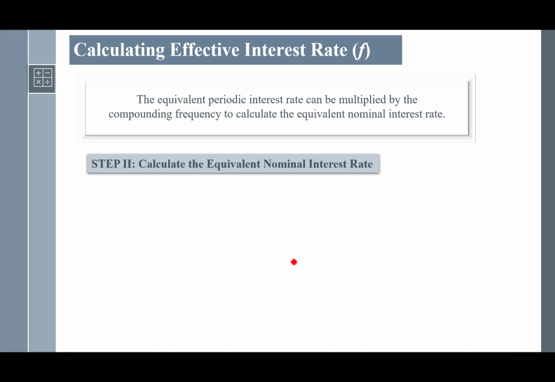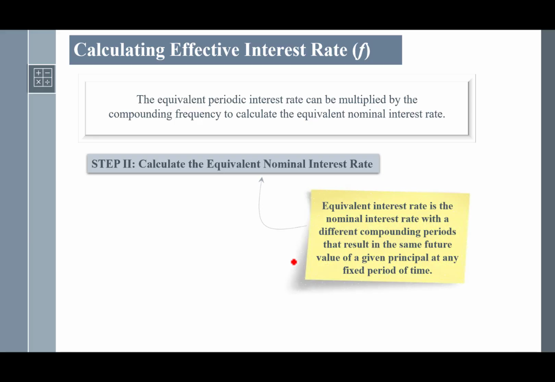Instead, we're going to be using the calculator. Remember, the formula gives us the periodic interest rate, so you still have to find the nominal interest rate. The calculator will do that for you.